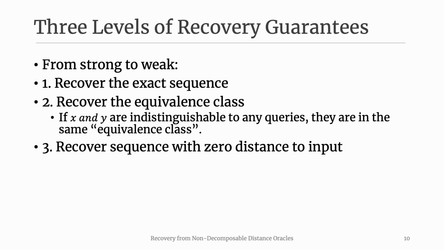The last one is to recover any sequence with 0 distance to input, which is a guarantee provided by the general adaptive recovery framework. This one is the weakest, since the 0 distance does not necessarily mean two sequences are not distinguishable.